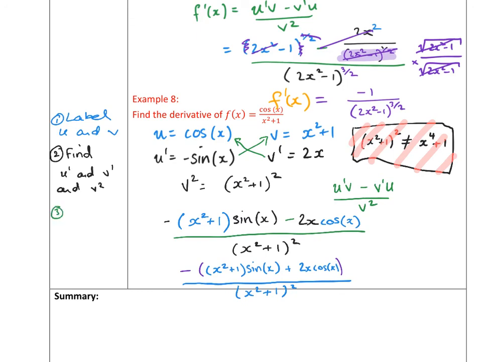We sub it into our formula, and we simplify our answer. Now remembering that the question asks us to find the derivative of f of x, so notation here is important. We don't want to see a dy dx. We want to clearly state f dash of x is equal to that. So your final step could be to contextualize your answer.